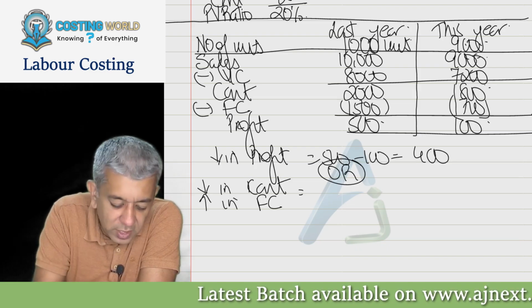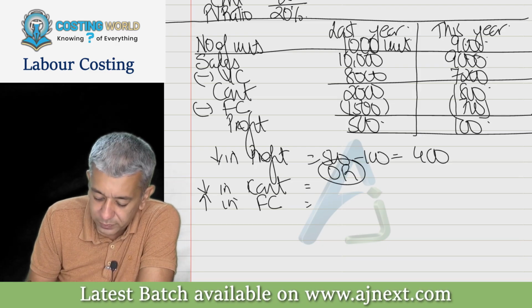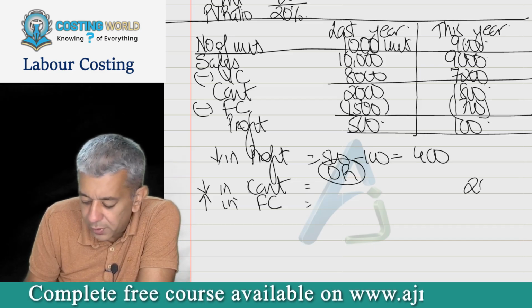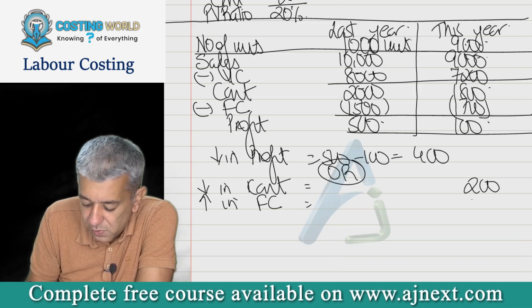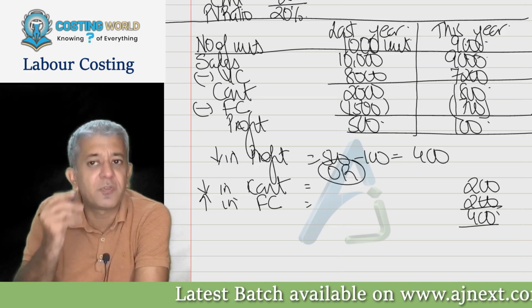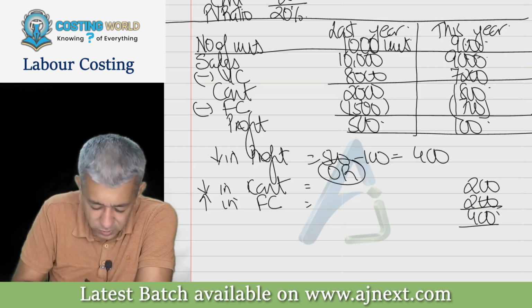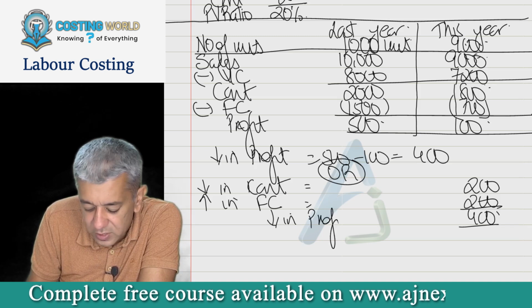Now everybody tell me, contribution fell by how much? 200. Then fixed cost increased by how much? 200. So therefore in this particular case the total effect is 400. So therefore this is the decrease in profit.